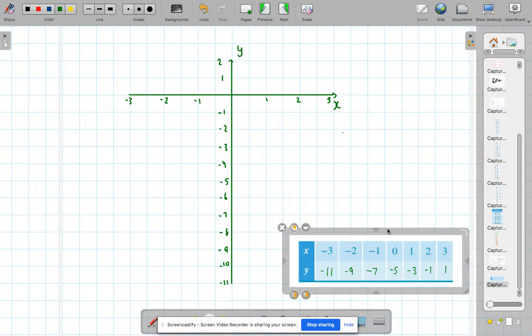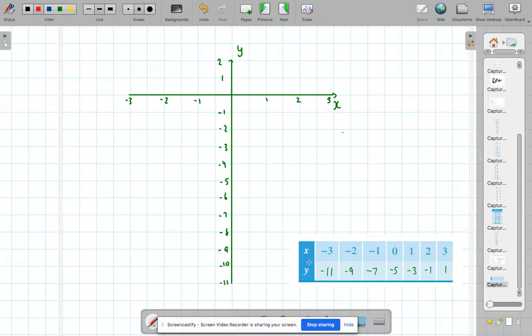Let's now plot some points. First point is negative 3, negative 11. So that's going to be down here. Next point is negative 2, negative 9. It's going to be there. Next one is negative 1, negative 7. That's going to be there.